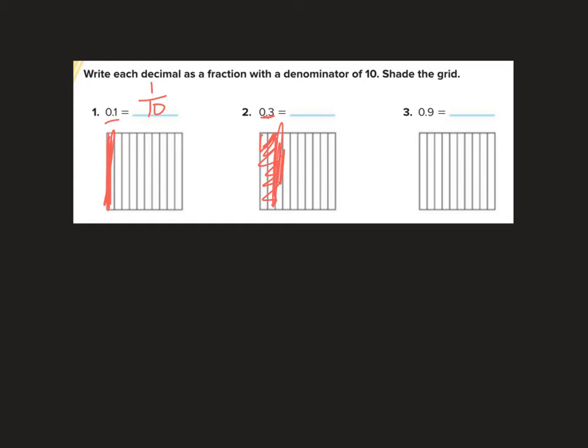So I have 3 out of 10. 9 tenths here. So I have 9 out of 10. Okie dokie. This really isn't a super complex idea, but just making that connection is really awesome.